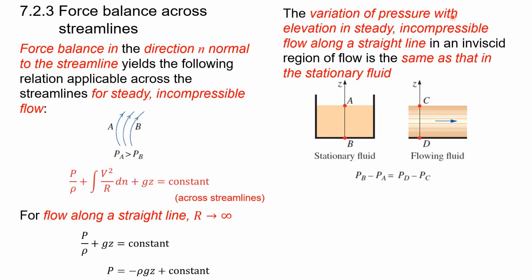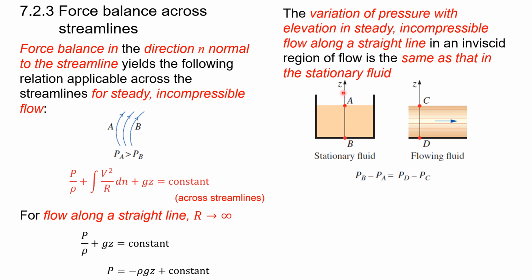So the variation of pressure with elevation in steady incompressible flow along a straight line, in an inviscid region of the flow, is the same as in stationary fluid. So let's say you are taking a steady incompressible flow along a straight line, and you want to relate it with elevation. So from point A to B, B we know is in stationary fluid.